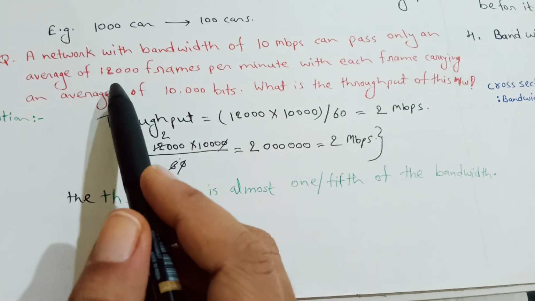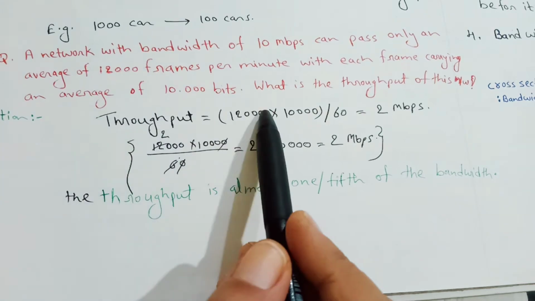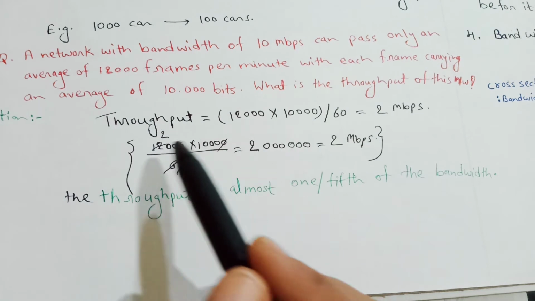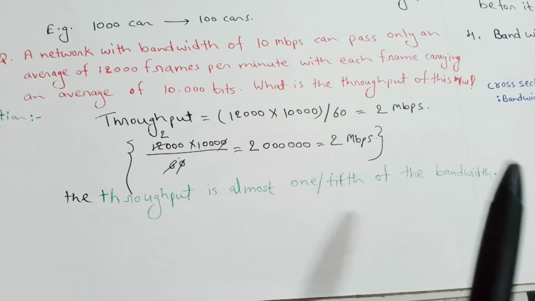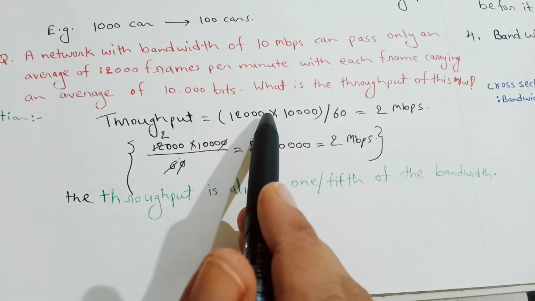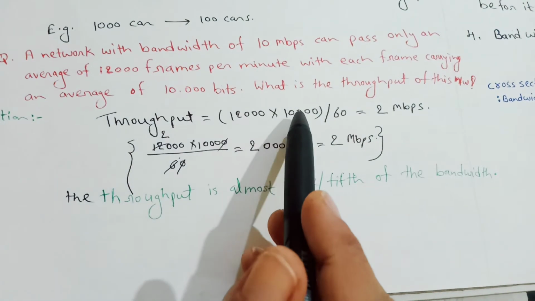Throughput will be the number of frames times the number of bits, because from the transmission media frames are traveling and the bits are inside the frames, so we will multiply.